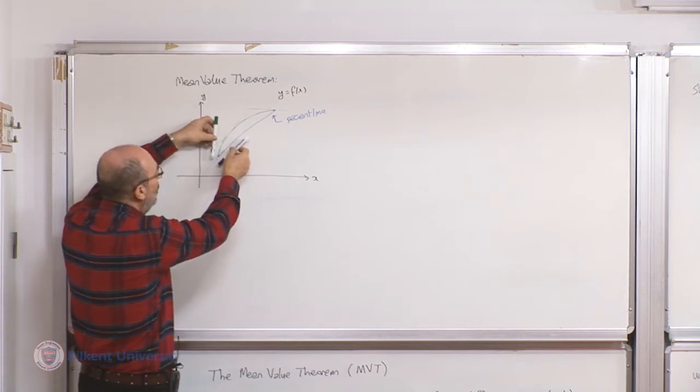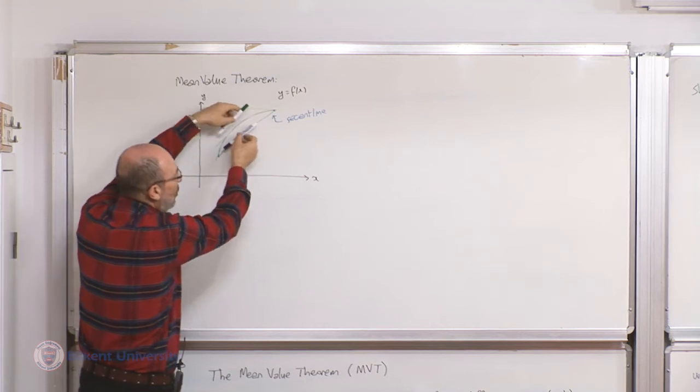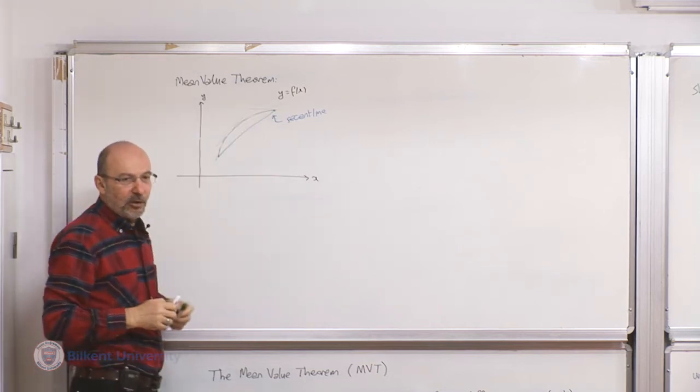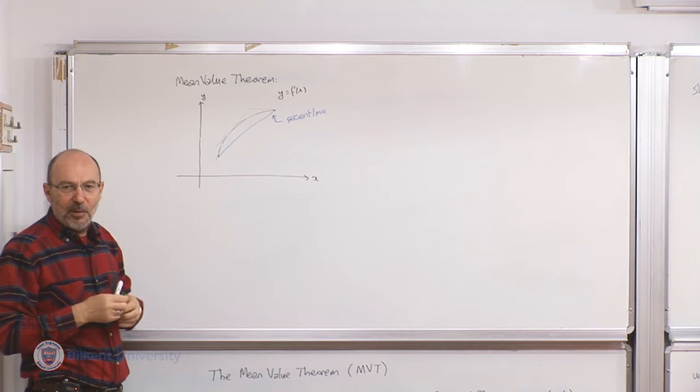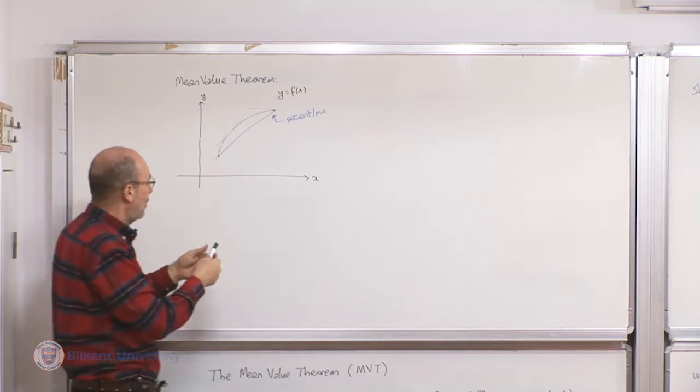I can only conclude that here they were like this, and here they are like this. So somewhere in between, they are going to have parallel slopes. They are going to have the same slope. Okay, so somewhere in between.